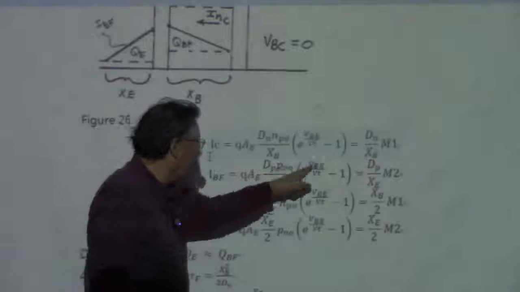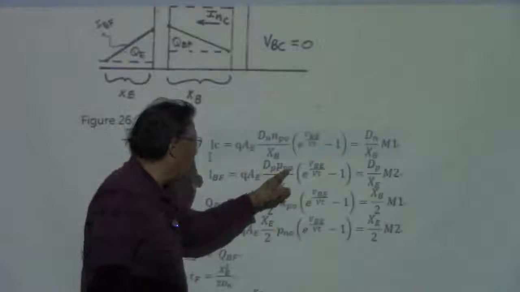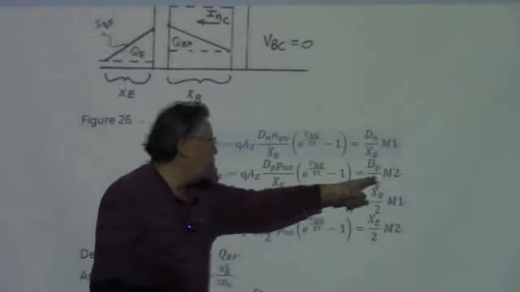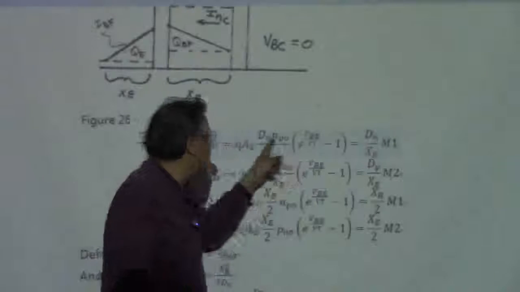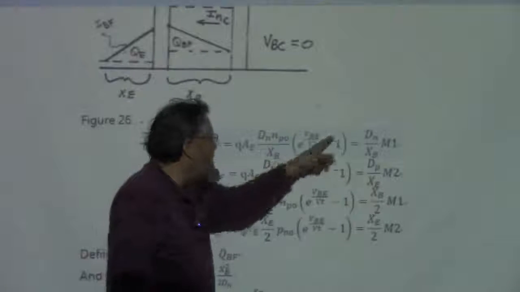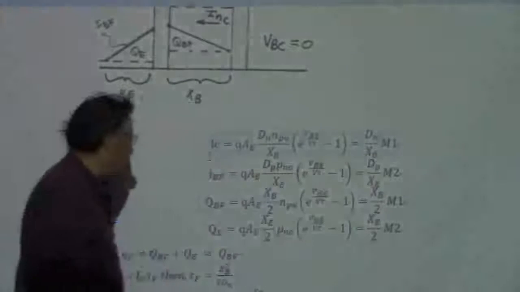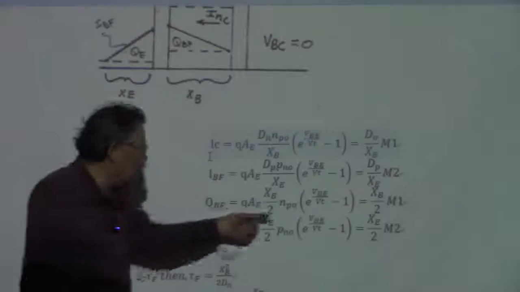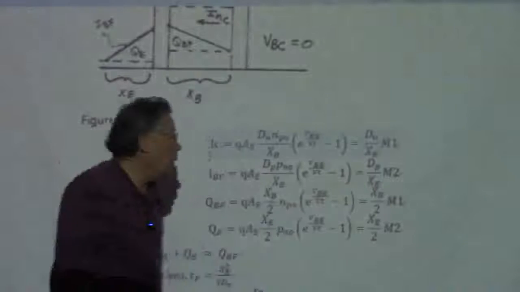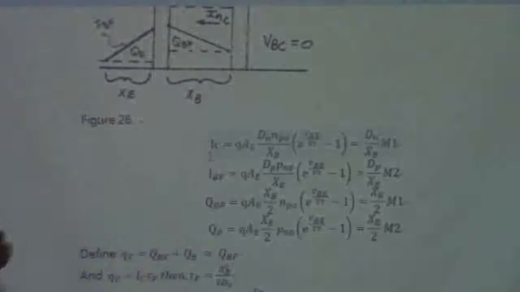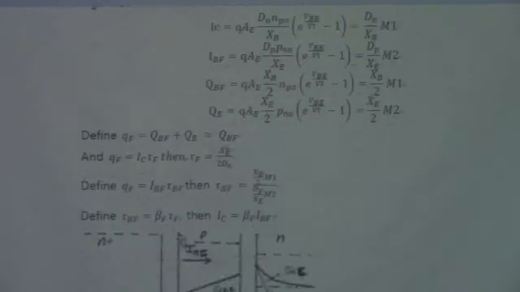Yeah. M2 is Pn not exponential. That is going to be M2. Okay, here M1 is Np not and exponential. This is going to be M1. And QF is going to be that, and the QE is going to be represented with that equation. That we know from the last lecture, the last discussion.